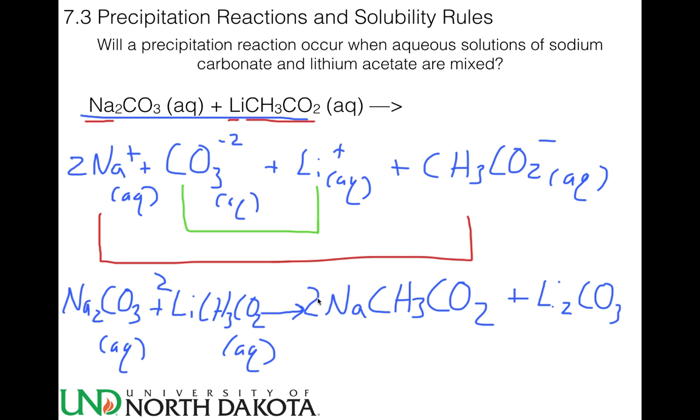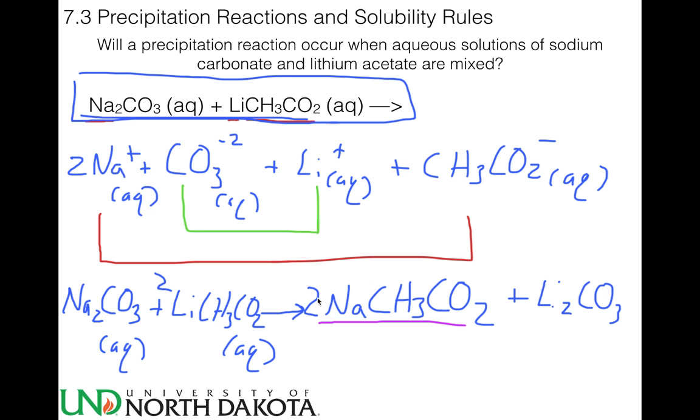Now we have to figure out if we formed a solid, and let's think about our solubility rules. We saw at the top that these two were aqueous because compounds with sodium, lithium, and acetate are always soluble. Well, 3 of our 4 ions are always soluble. There are no exceptions to their solubility, and so when recombining them, all compounds have at least 1 ion that's always soluble.